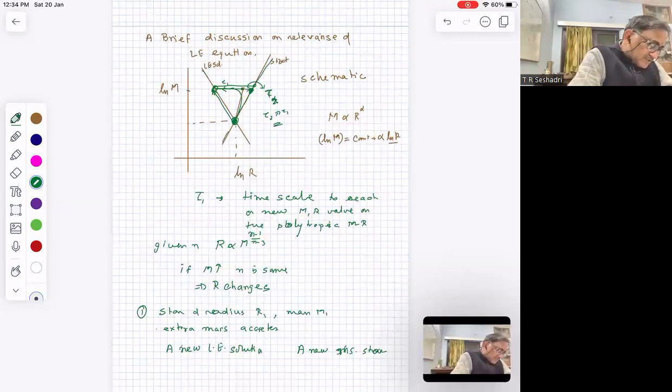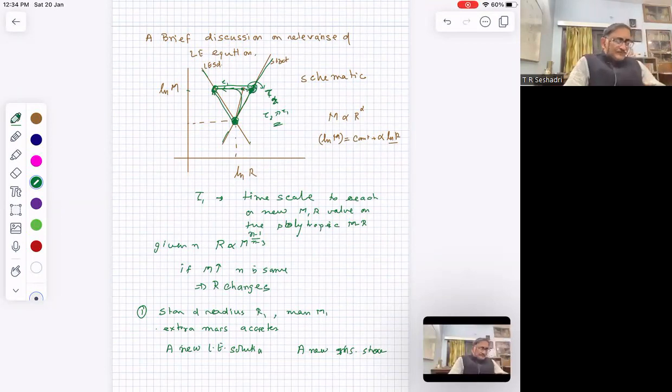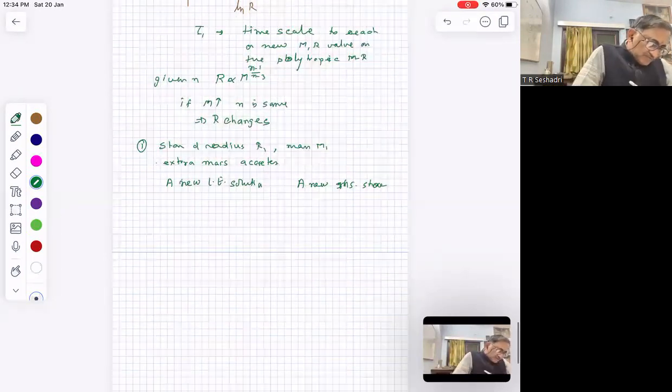For Lane-Emden, mass-radius goes like this. It is an intersection of these two. Now it has got perturbed. So it ultimately reaches here, because ultimately it is fusion which will govern what the equilibrium situation is. So it will actually take it to a main sequence star. But it will take some time, a certain time scale. So this is a new Lane-Emden solution.